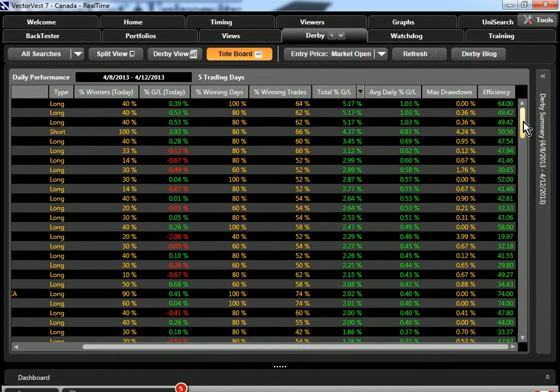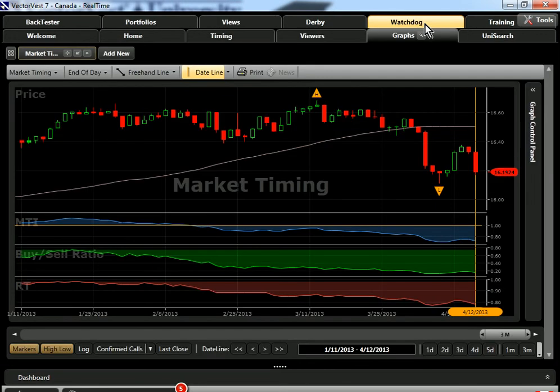In this case, I decided to use the RT Kicker combo as it's the latest, greatest market timing mechanism that we have. And so to quickly revisit that and to get our time frame to set up the tote board correctly, let's go back to the market timing graph. To get there, I'll go right up to the Graphs tab at the top.